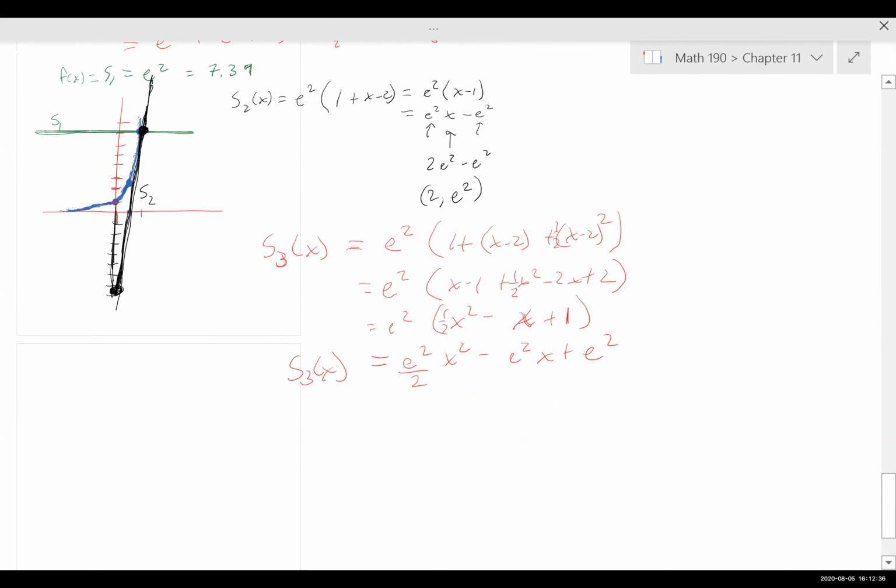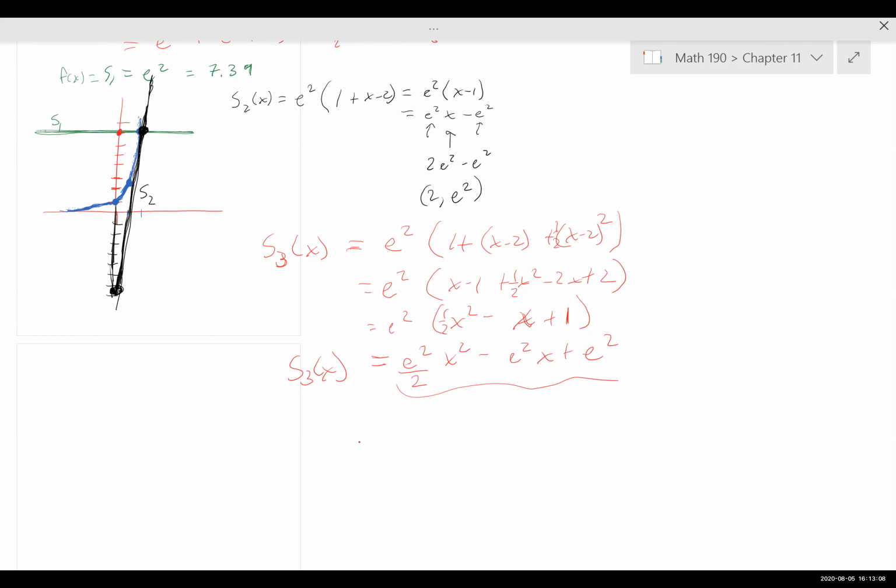So this is a quadratic. When I plug in 0, I get 0e squared, which is this point here. That's what's messing with my mind there. At any rate, let me just use Desmos to show you what's happening here.